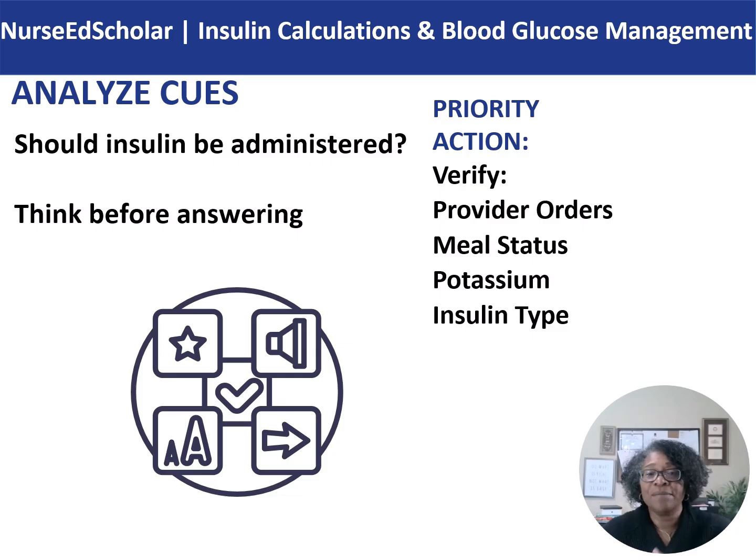We talk about giving sliding scale insulin. We talk about the risk of hypoglycemia, confusion, shakiness, you can have other complications. We know that he can't have anything by mouth. So if you give the insulin, well, he's not eating anything, so he won't be able to create glucose if he drops. So, what are we really going to be doing with him?